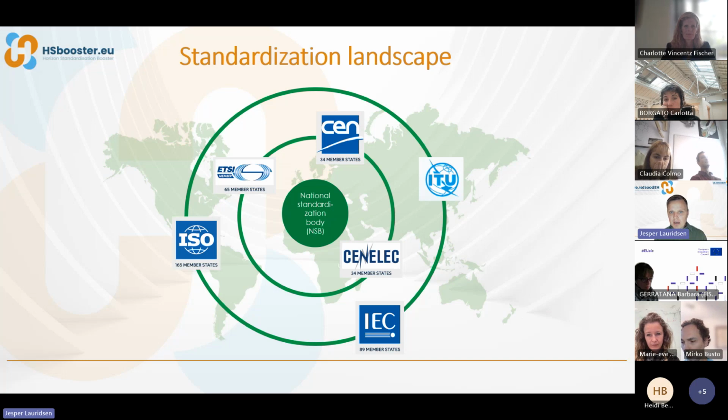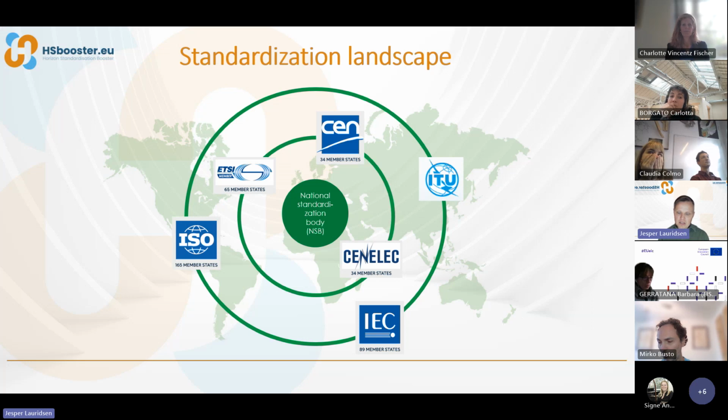And we have the same at EU level. We have CEN, which is similar to the ISO technical committees, and we have CENELEC, which is more or less the same as the IEC. It's important for you to understand that we are not doing different things at the European level. The technical committees we have at European level look very much similar to the ones we have at ISO level.